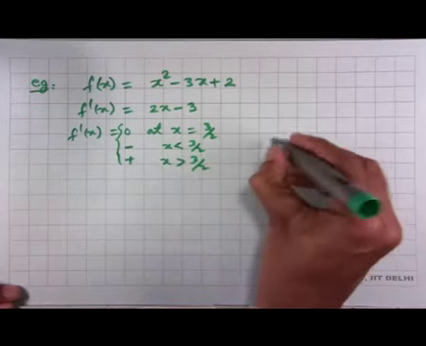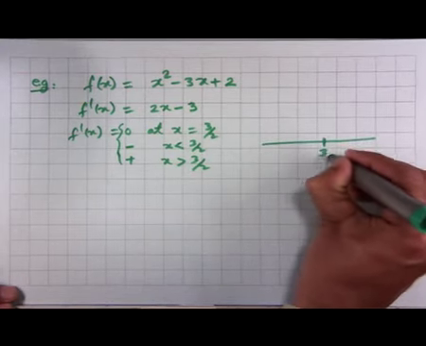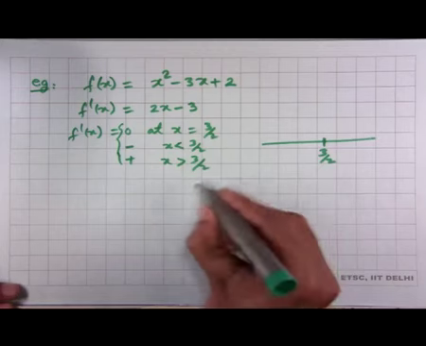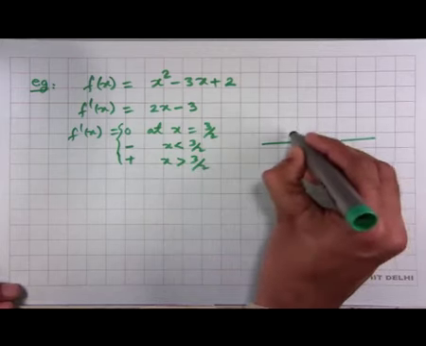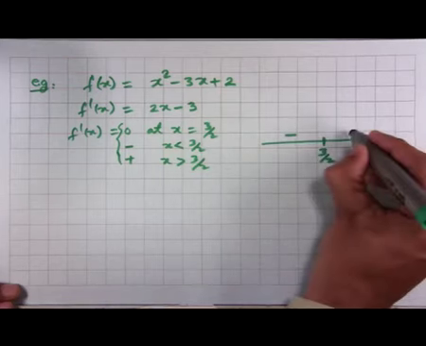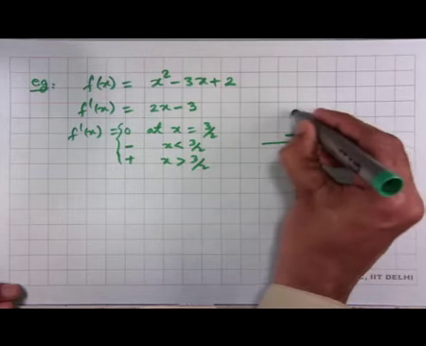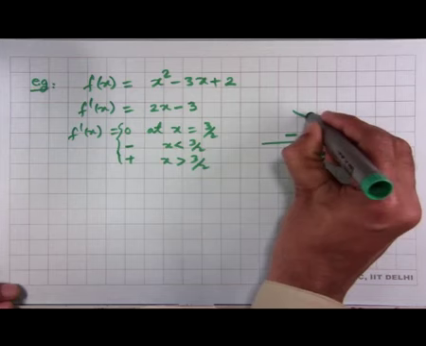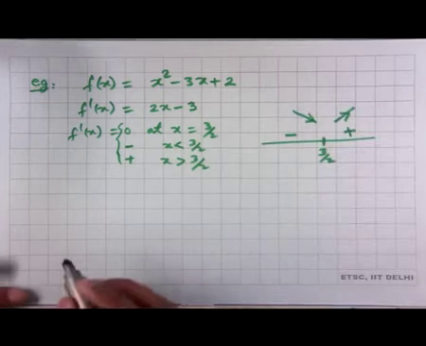So, we get this point 3 by 2, and for x less than 3 by 2 the derivative is negative, and for x greater than 3 by 2 the derivative is positive. That means that the function must be decreasing here and increasing to the right of 3 by 2.